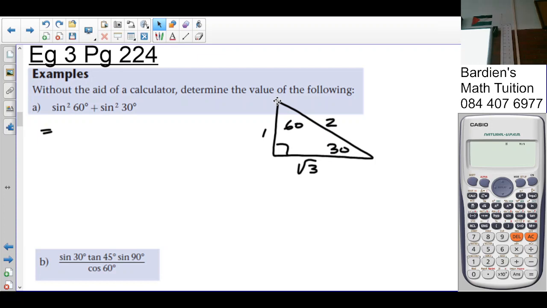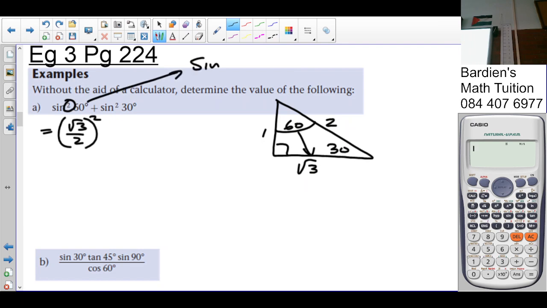So what will this be? Sine of 60. Sine is opposite over hypotenuse. So it's root 3 over 2. Because there's a square there, the square belongs. Remember that sine squared 60 is sine 60 whole squared. That's basically what that means. You can't square a function, you can't square sine itself, but they write it like that as a shorthand notation.